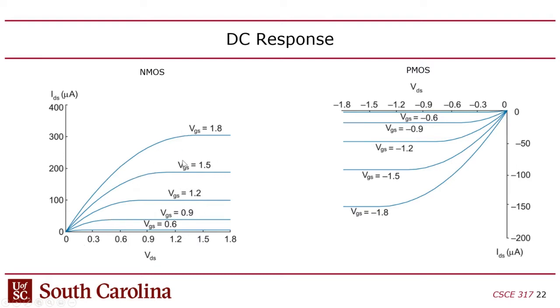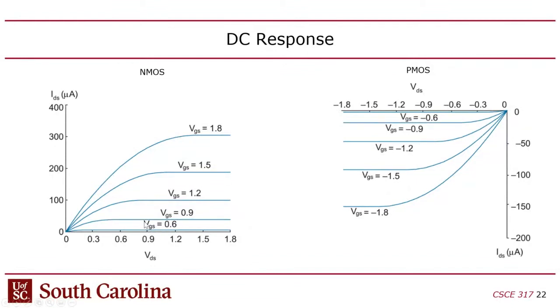So, for example, if your gate voltage is 1.5, then you'll saturate at around, in this case, I don't know what technology this is in, but about 1 volt, you'll saturate, right? But if your gate voltage is 1.8 volts, you'll saturate a little lower. So you can see the saturation point is when the curve kind of flattens out. The current flattens out as you increase the voltage between the drain and the source, right?